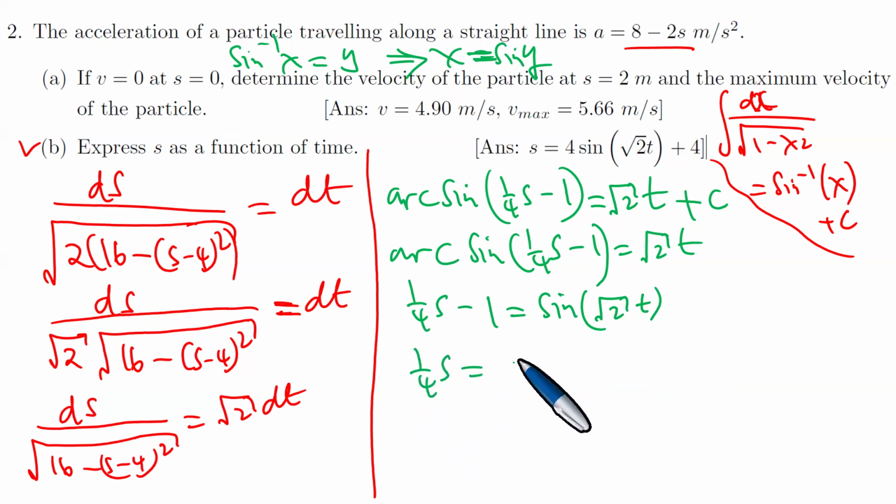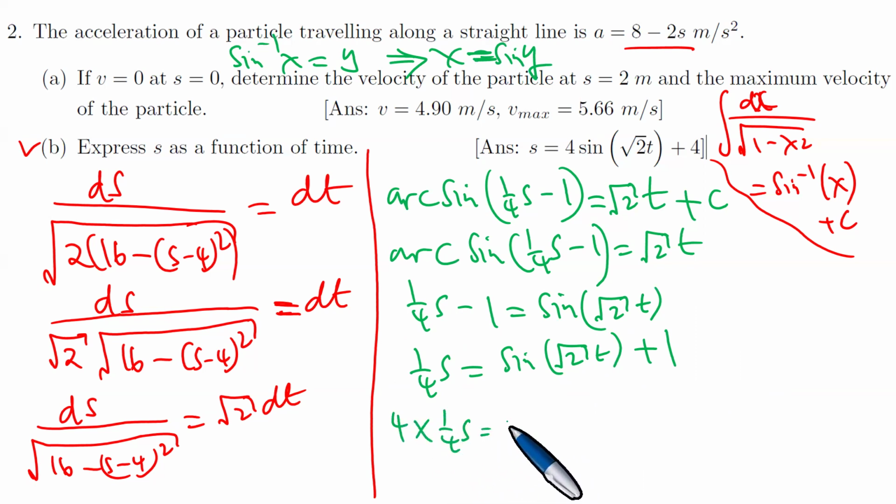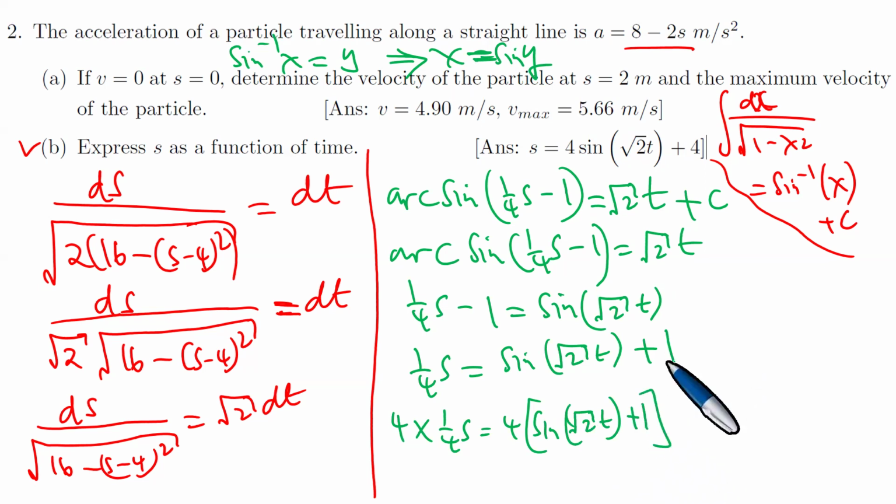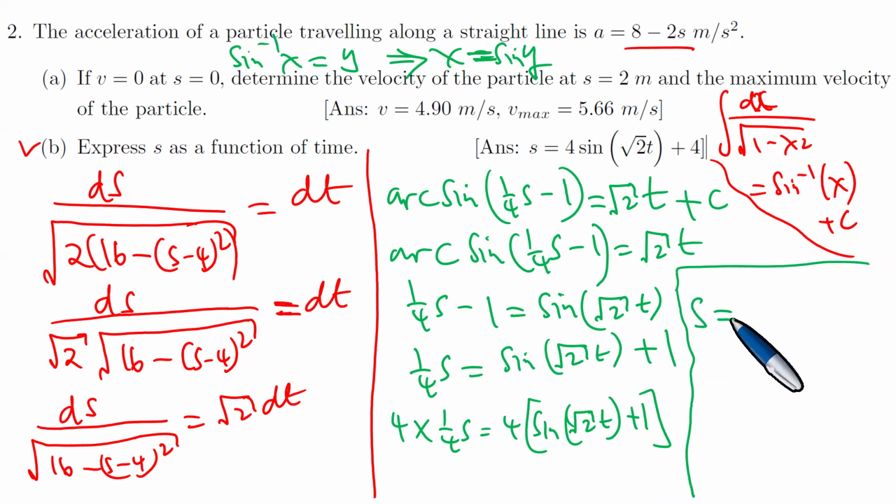A quarter s is therefore the same as square root of 2t plus 1. So you can move the 1 across, so it becomes a plus 1. And then now we can multiply through by 4 both sides. 4 times 1/4 s is 4 times the sine of the square root of 2t plus 1.